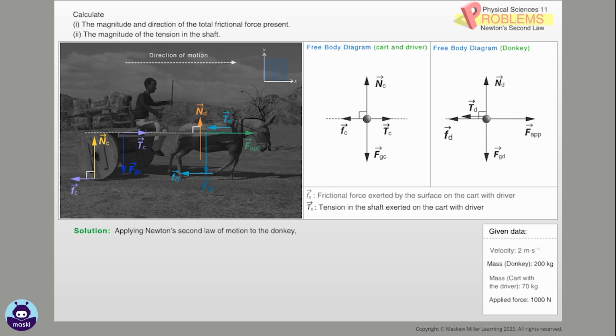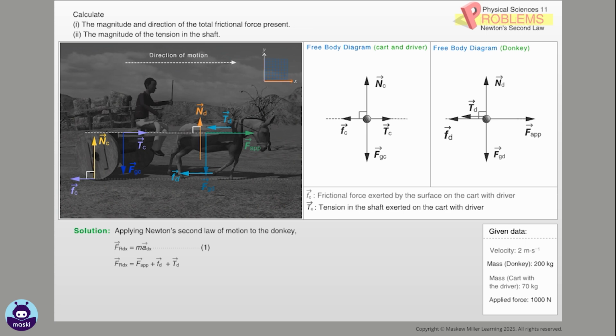We can apply Newton's second law to the motion of the donkey. Vector Frdx equals m vector adx. Vector Frdx is the vector sum of the forces on the donkey along the horizontal plane. Therefore, vector Frdx equals vector F applied plus vector Fd plus vector Td.